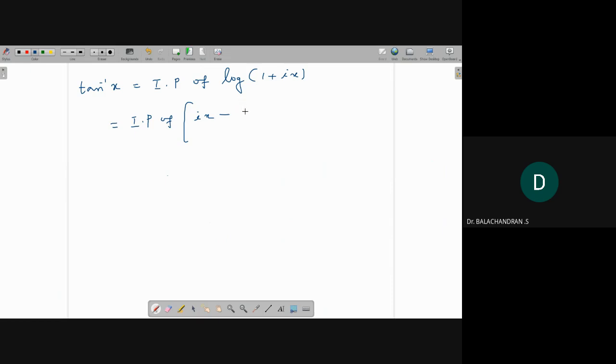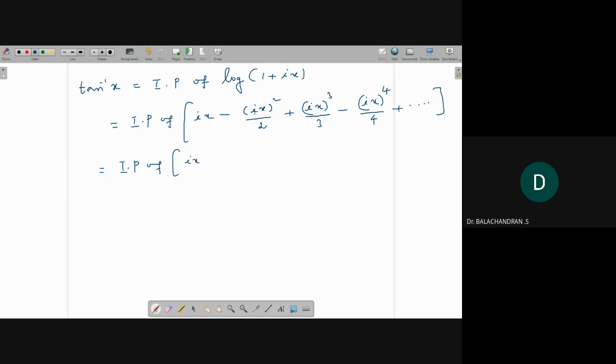Log of 1 plus x is x minus x square by 2 plus x cube by 3 minus x power 4 by 4 and so on. So with ix: ix minus ix whole square by 2 plus ix whole cube by 3 minus ix whole power 4 by 4 plus and so on.